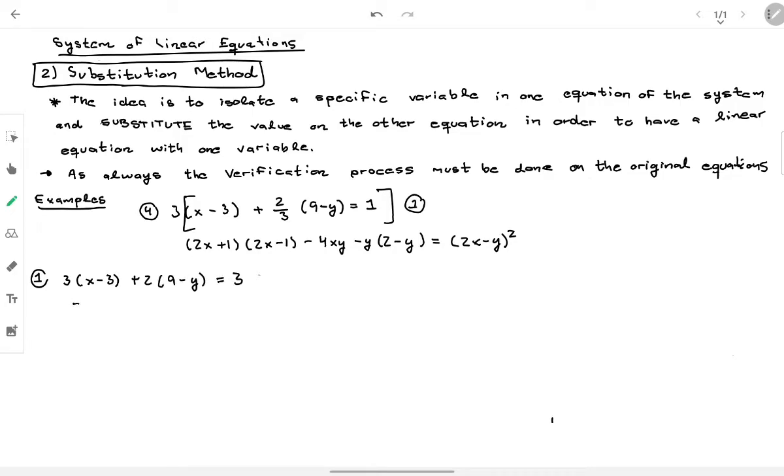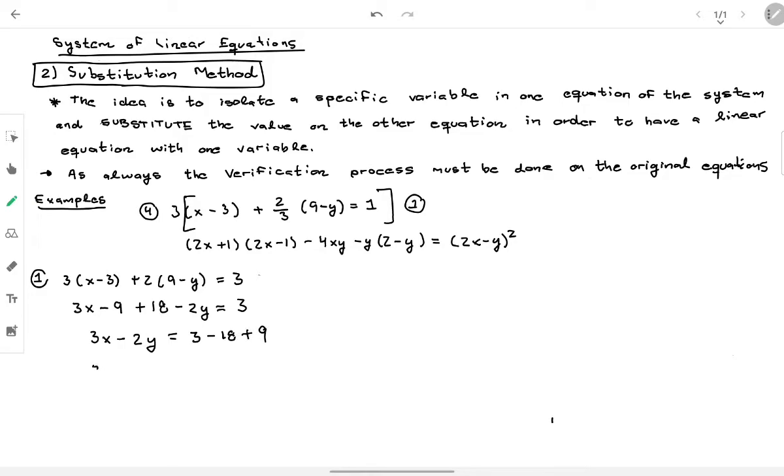So it's going to be 3x minus 9 plus 18 minus 2y equals 3. So it's going to be 3x minus 2y equals, and it's going to be 12, because, let me put it all complete, it's going to be 3 minus 18 plus 9.